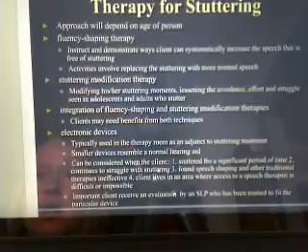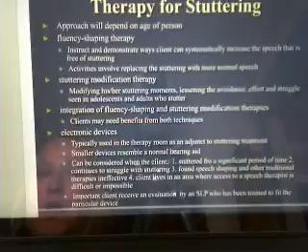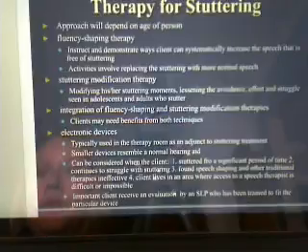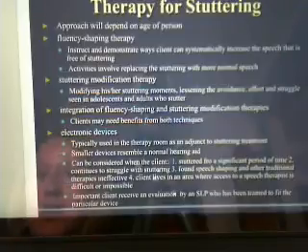Just to mention on this slide as well is electronic devices. These can be considered when the client has stuttered for a significant period of time. They're usually used in a clinical setting, and again have to be monitored and used by an SLP who is trained to fit the particular device. These devices aren't used as commonly.